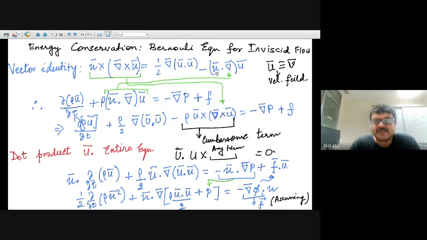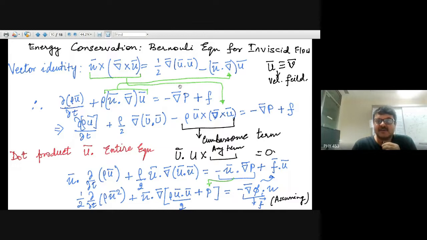Now here you see that you have this u dot grad u term. u is any vector, and in our case the velocity field. And in the Euler equation you have del t of rho u, and then you have this rho u dot grad u term. That is for only incompressible fluid, and that is equal to minus grad p plus f.